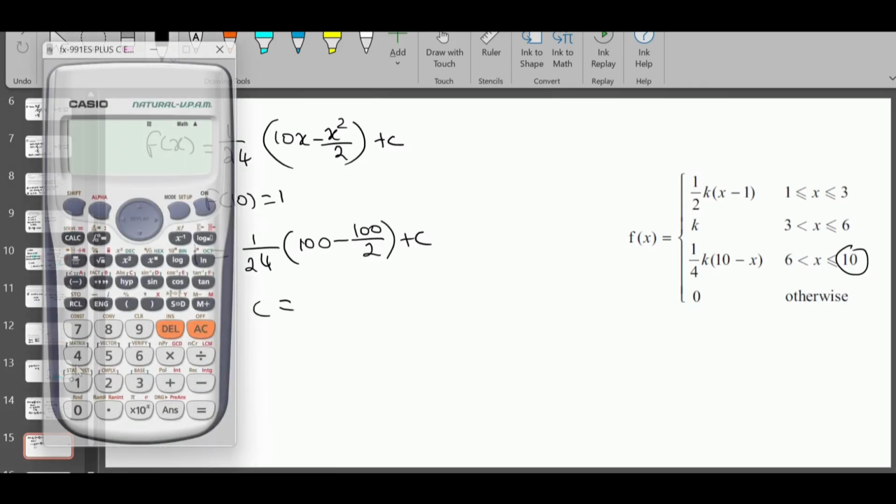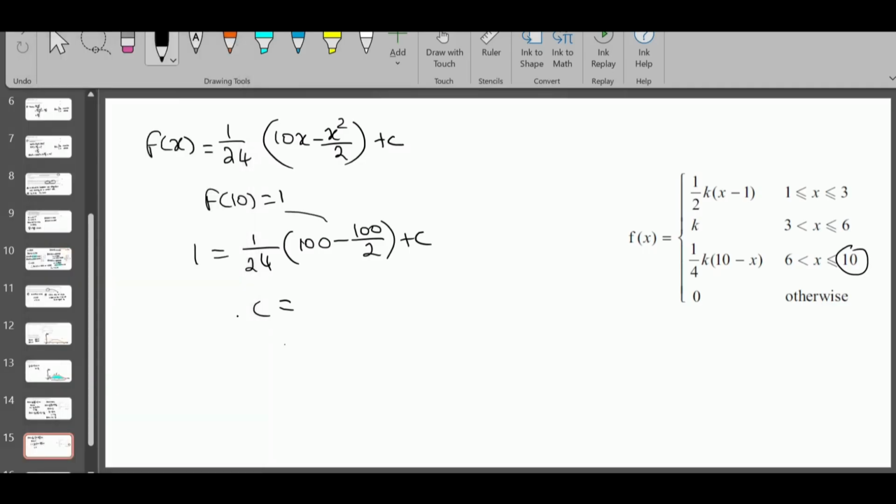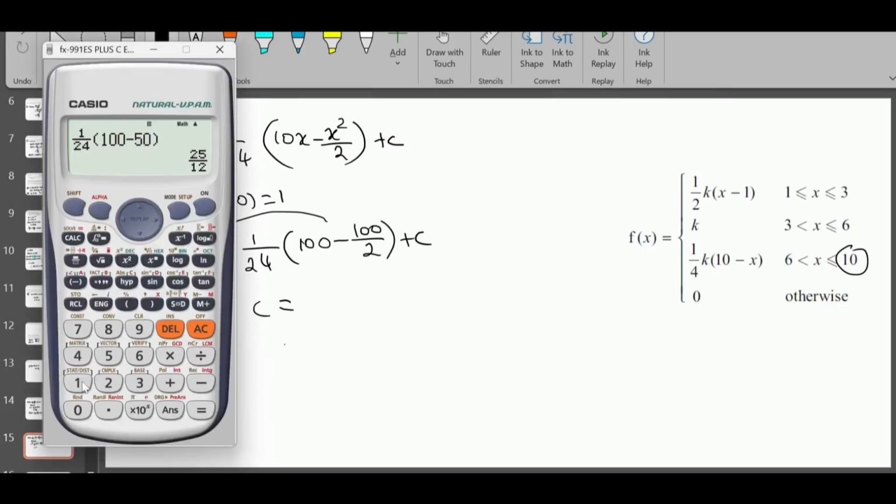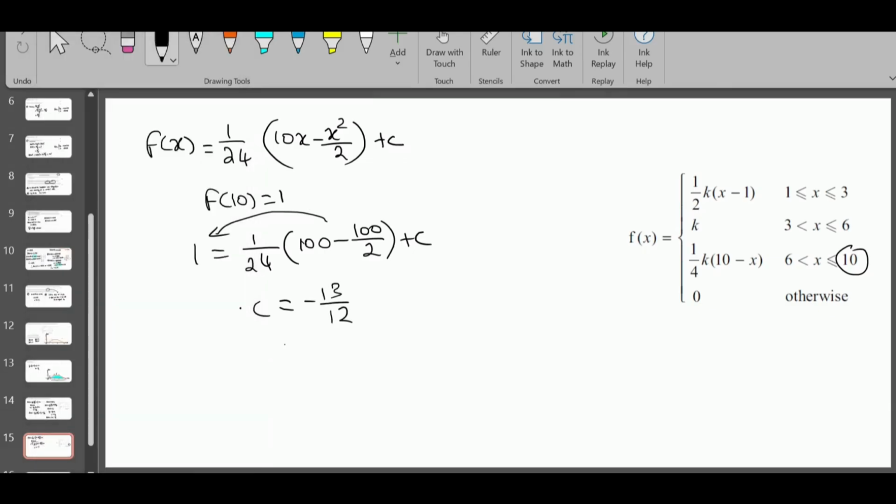So 1 over 24 times 100 minus 100 over 2. So c is going to be 1 minus this value. So 1 minus, the answer is minus 13 over 12. So F of x is 1 over 24, 10x minus x square over 2 minus 13 over 12.